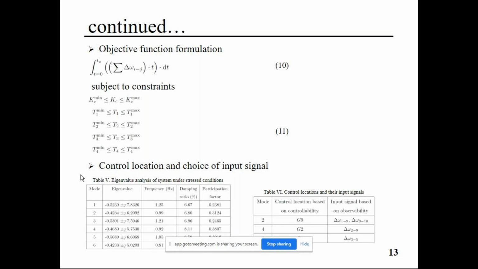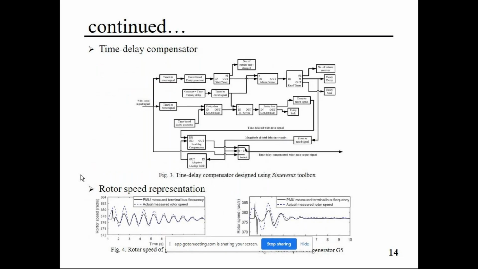So when you go for the time delay compensator, sometimes it is event based. That means you have to go for event based triggering for the delay that has occurred, because it is from the remote end, and from the PMU to PDC a considerable delay is coming into the picture.